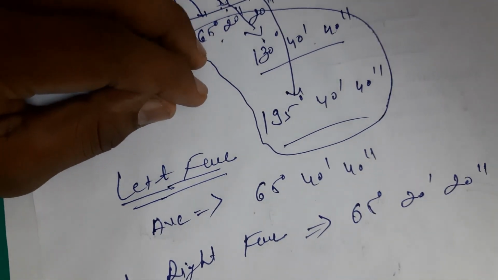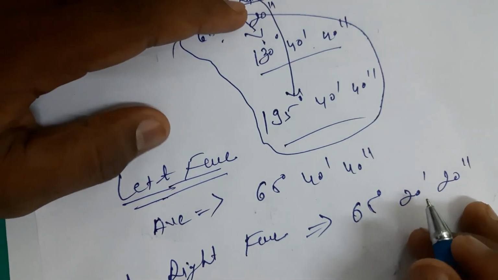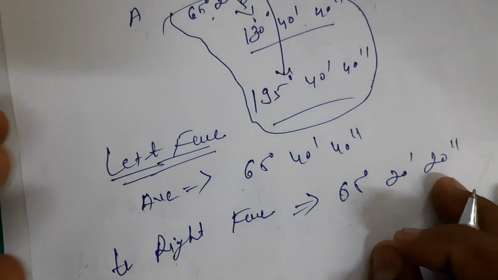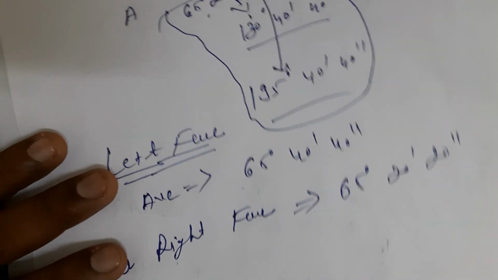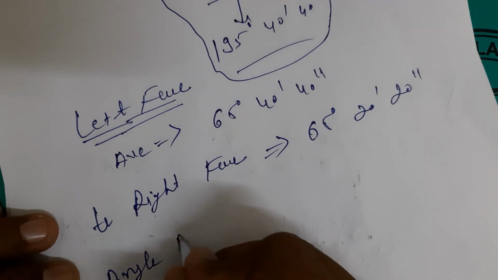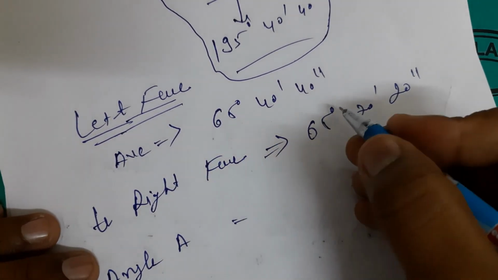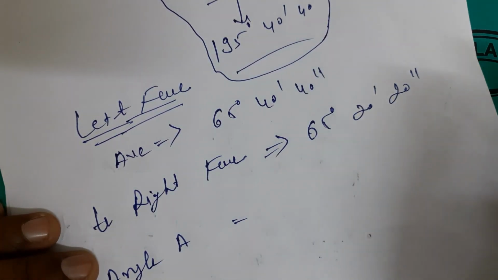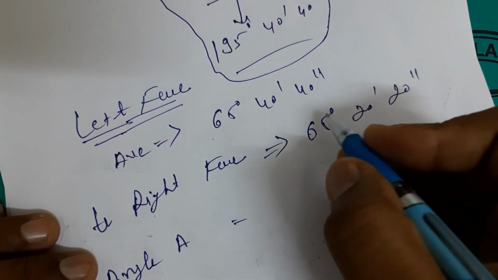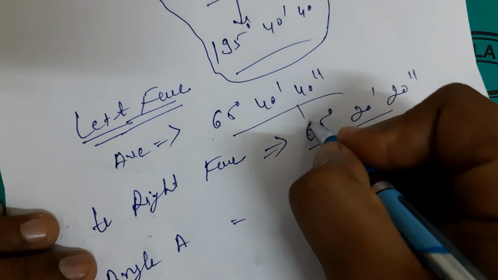After performing all the activity in both positions, left face and right face, you find angle A, the cumulative angle, as the average value of these two.